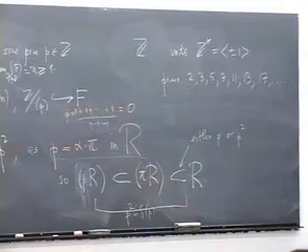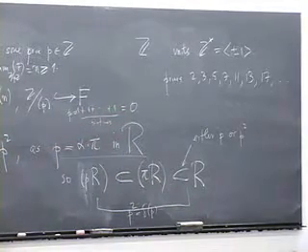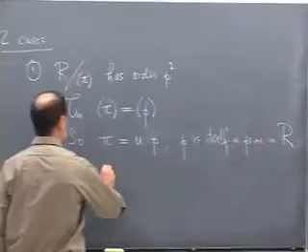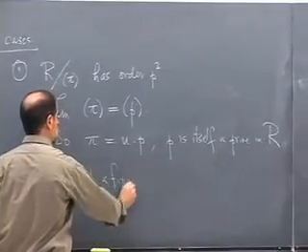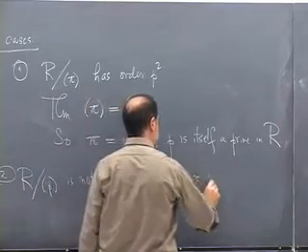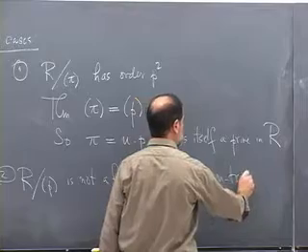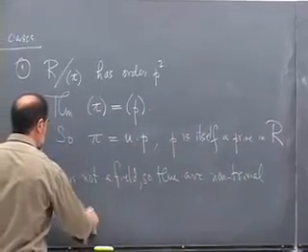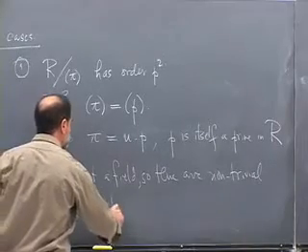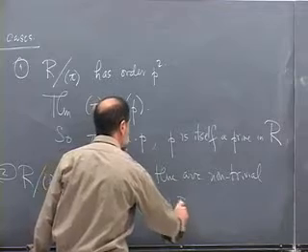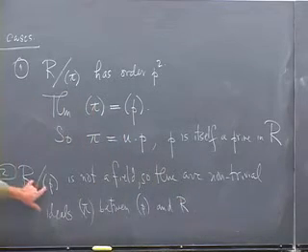Or, R mod p is not a field, so there are non-trivial ideals pi between p and R. If it's not a field, that means there are more than two ideals, 0 and 1.